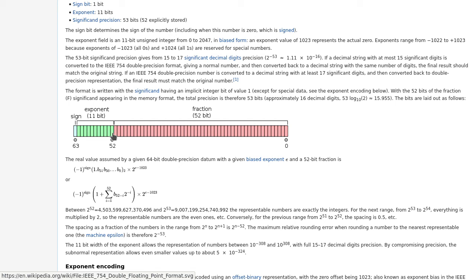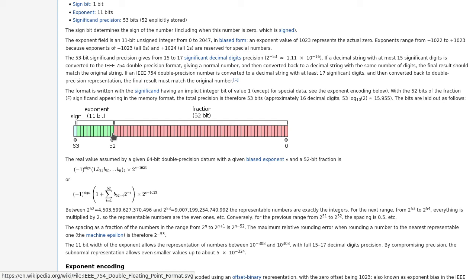The bottom line is we want the power of 2 to be able to go negative and also positive, about 1,000-ish in each direction.